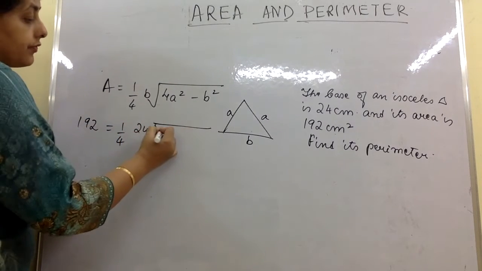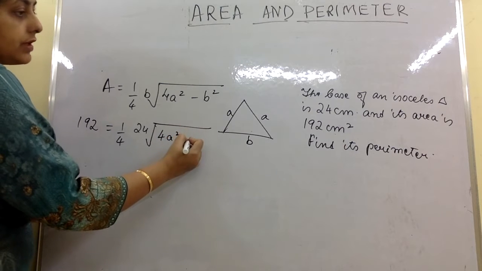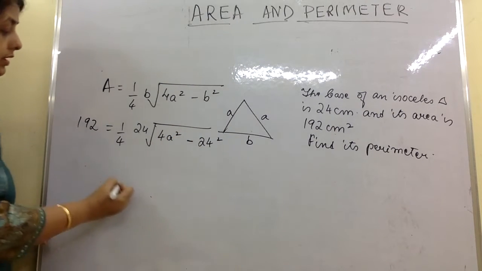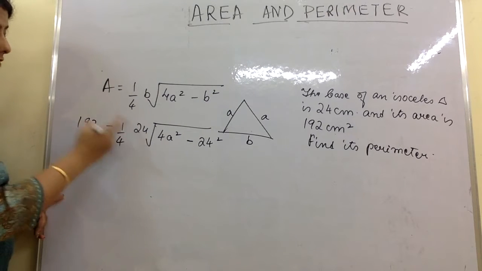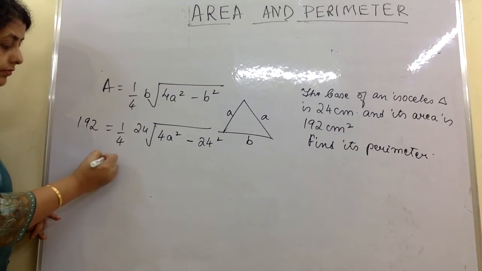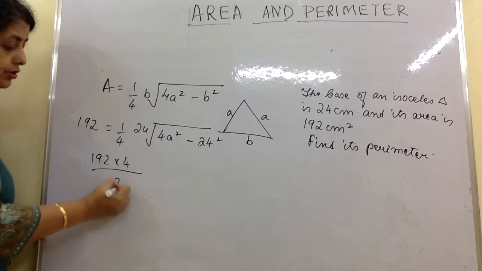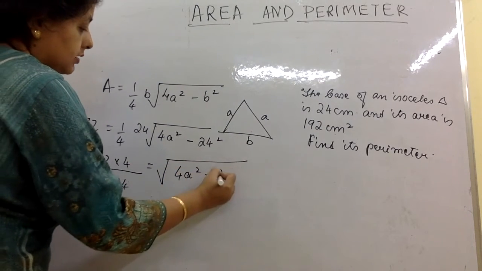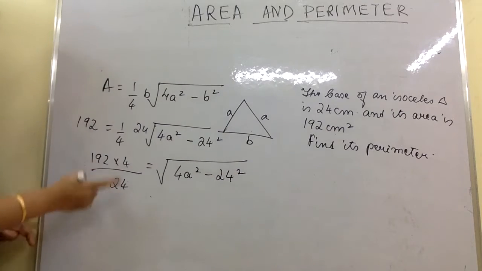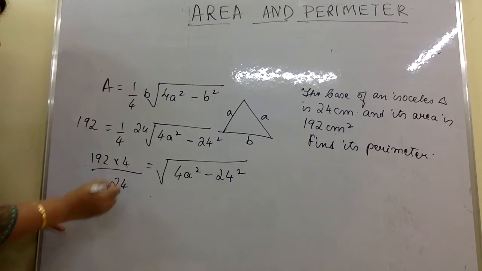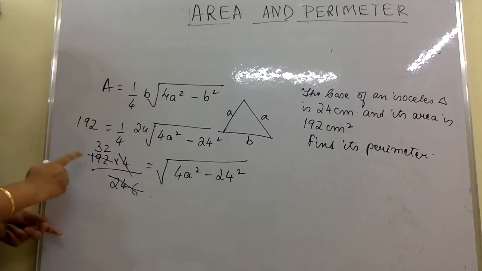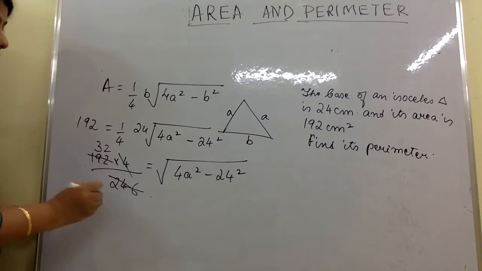Here 4a square, we don't know the value of a, and minus 24 square. If I take 192 into 4 by 24, that is equal to the root of 4a square minus 24 square. Now I'll try to reduce it as much as possible. Does this go by 6? Okay, so this is also going by 6. This is 32.